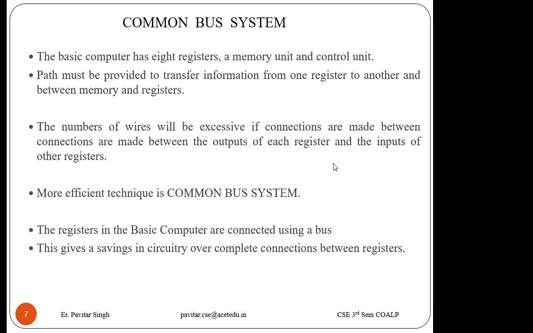Let me explain this to you. For example, if register A is of 8 bits and register B again has the capacity of 8 bits, right? So I need to install a minimum of 8 wires.